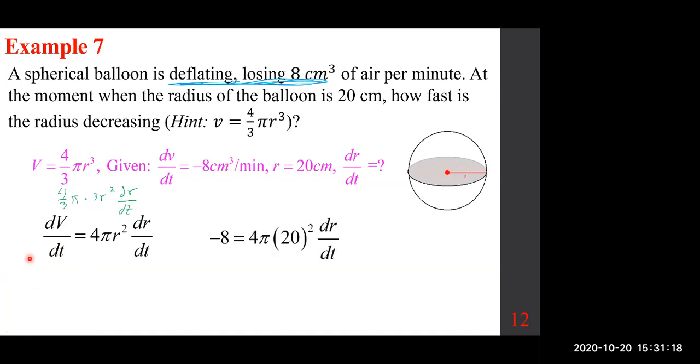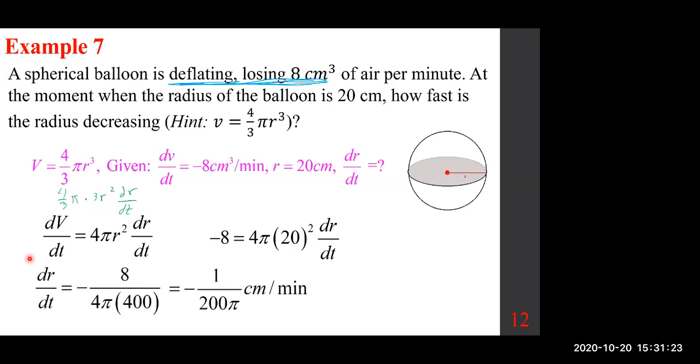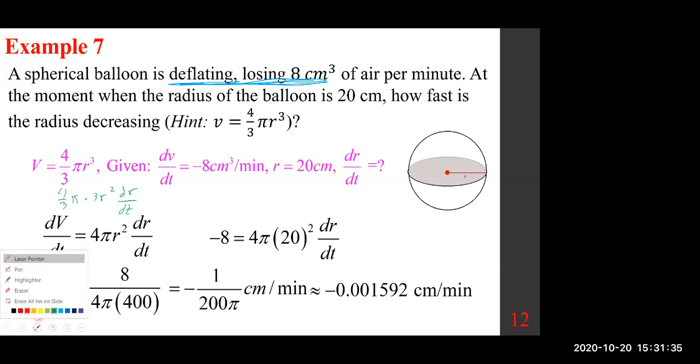And I wouldn't worry about that. You are finishing the job and you get -1/200 pi. Again, class, I'm going over this pretty fast because you have seen this, and again, you can do the approximation. As far as the simplification is concerned, I can say 4 goes away and 8 becomes 2. 2 changes to 1, 400 changes to 200.